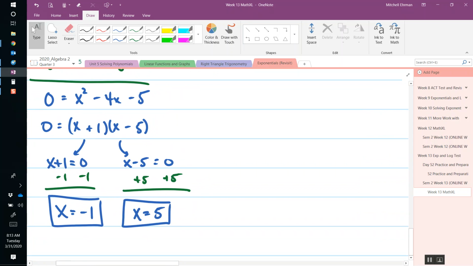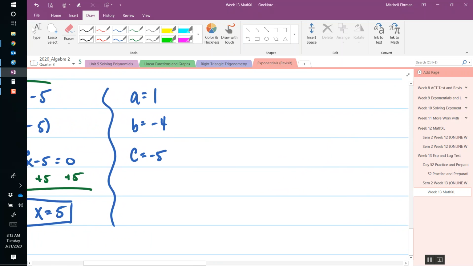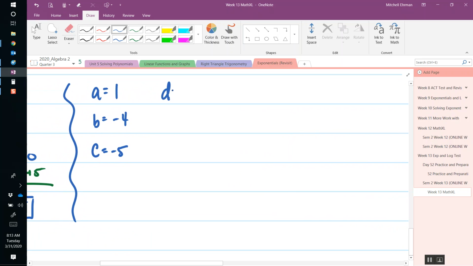Now, if you had forgotten about the factoring technique, that's okay. We could have used the quadratic formula with a being 1, b being -4, c being -5. The discriminant, the portion underneath the square root sign, is b squared minus 4ac.